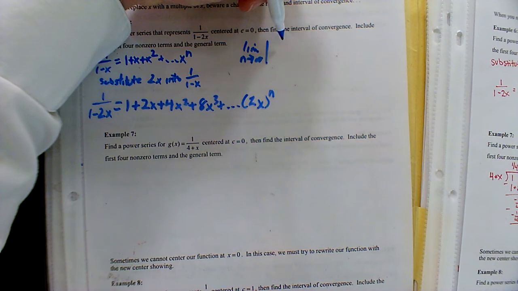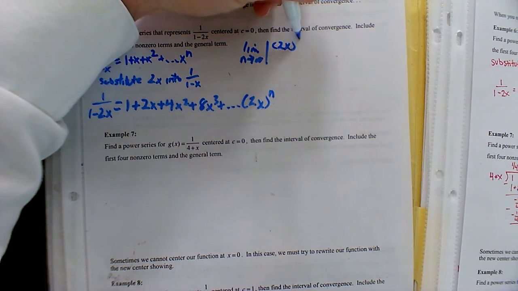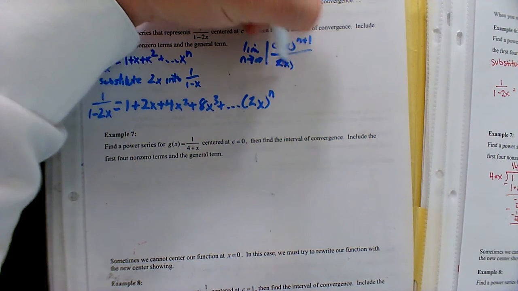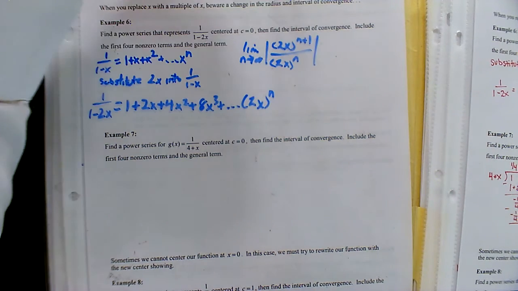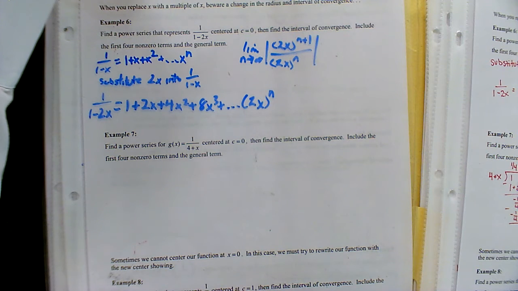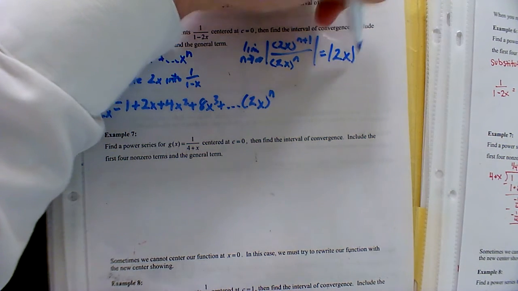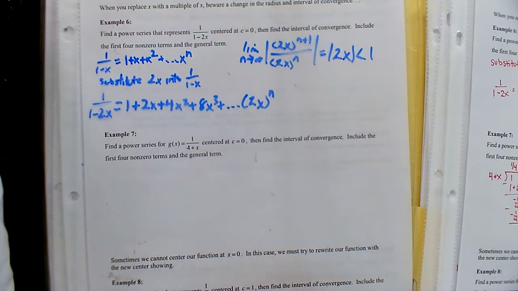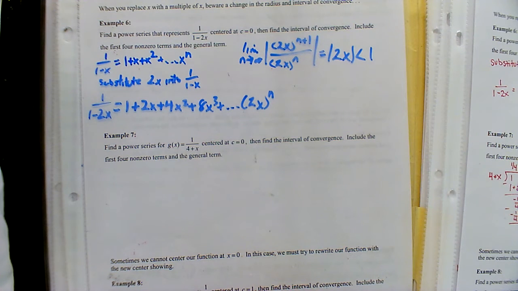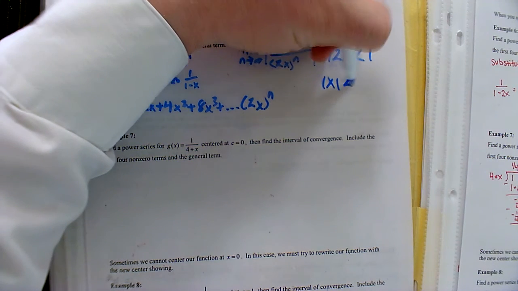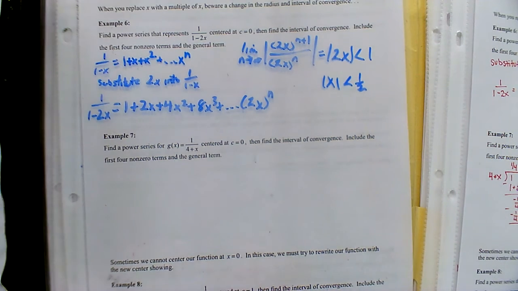Well, on the top is the n plus 1 term, so we have 2x to the n plus 1 divided by 2x to the n. Simplifying that, we're left with the absolute value of 2x. We want that to be less than 1. So we can divide by 2 and get the absolute value of x less than 1/2.